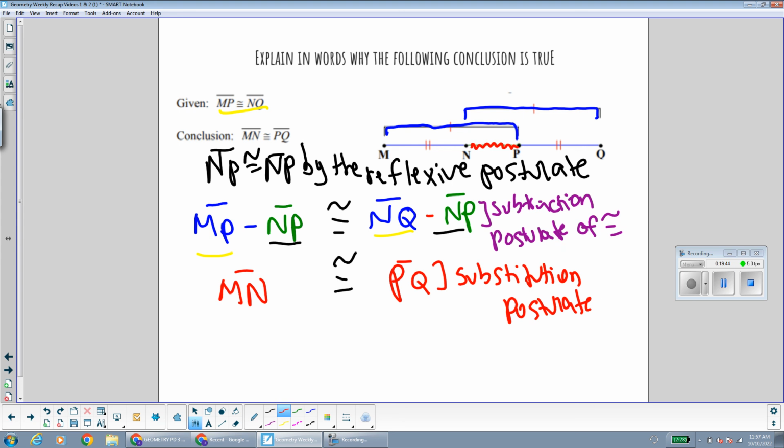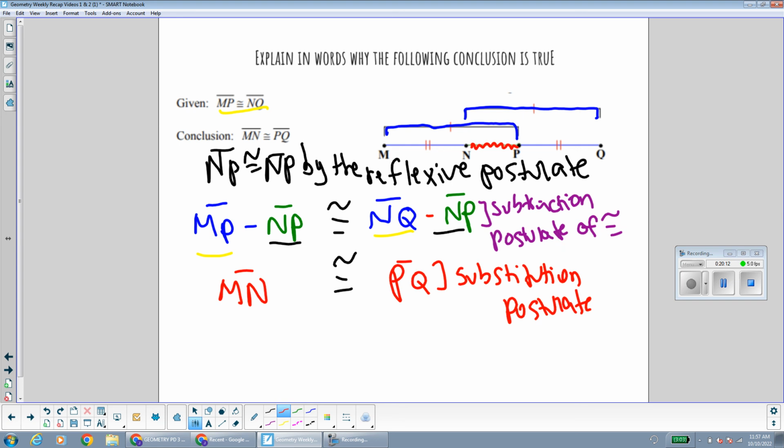Once again, we explained in symbols, but if we wanted to explain in words, I would say we started off with segments that were bigger than the segments we wanted to prove are congruent. So what we did is we took the larger segments that were congruent. And from each of those segments, we subtracted NP, which was congruent to itself by the reflexive postulate.